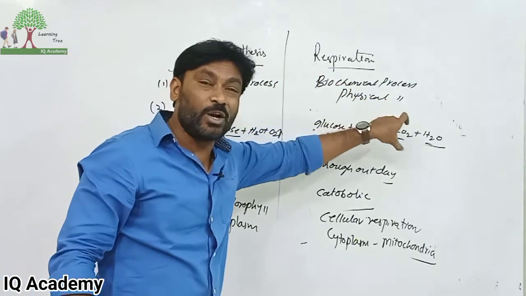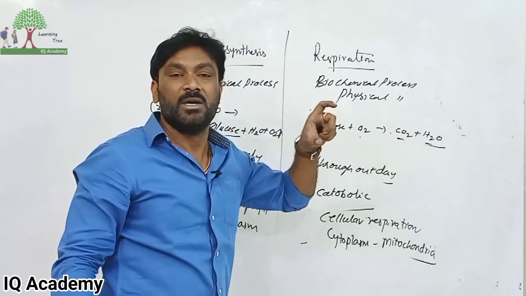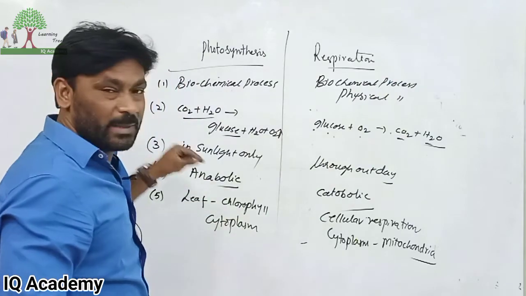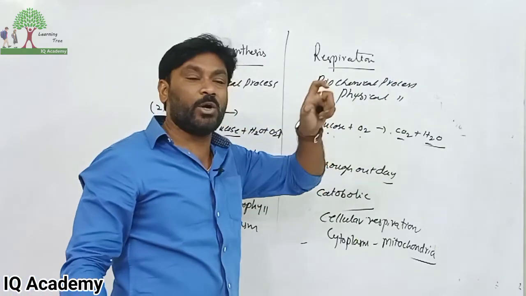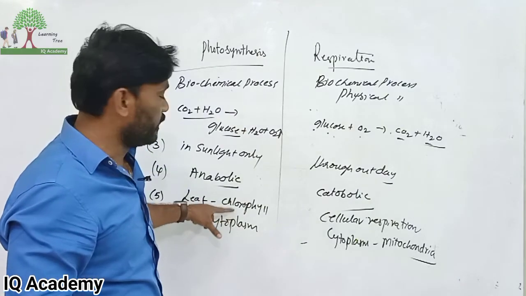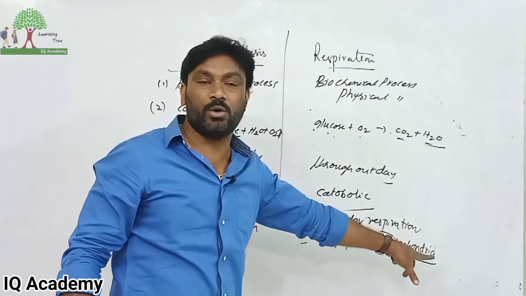Respiration takes place in all the organisms, in vertebrates as well as invertebrates. Photosynthesis is an anabolic process, respiration is a catabolic process. Photosynthesis takes place in chlorophyll in the leaf, and respiration takes place in the cytoplasm and in the mitochondria.